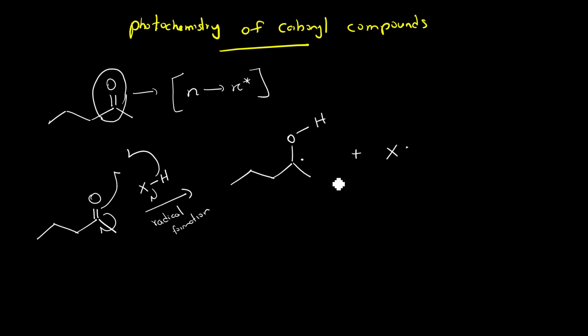Now this is one type of reaction. As you can see, the reaction involves the cleavage of the carbon oxygen pi bond, right? Now let's say you have a weak bond, let's take this A. You have a weak bond closer to your chromophore. So this is your chromophore, and this is your weak bond. If you have a weak bond closer to the chromophore, there's a tendency for this bond to be broken.